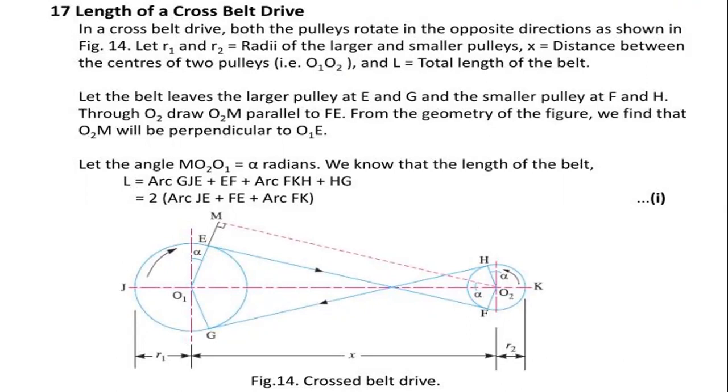In a cross belt drive, both the pulleys rotate in the opposite direction. Then let R1 and R2 be the radius of the larger and smaller pulleys, that is the driver and the driven pulleys.